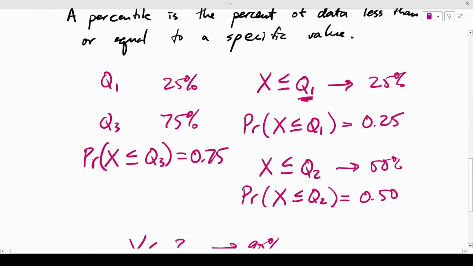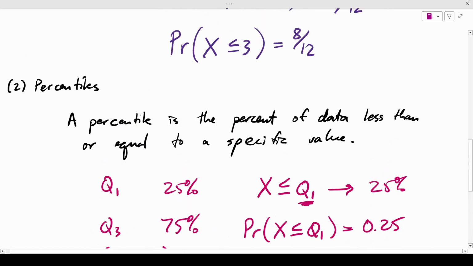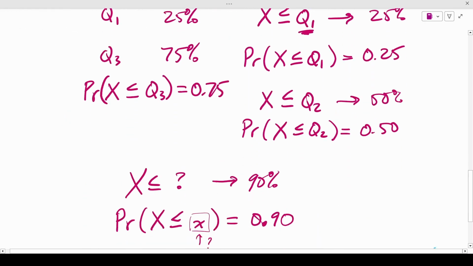So we would say there that the 60th percentile is 3, because once we're at 3, we have 8 data points, which is 67%.